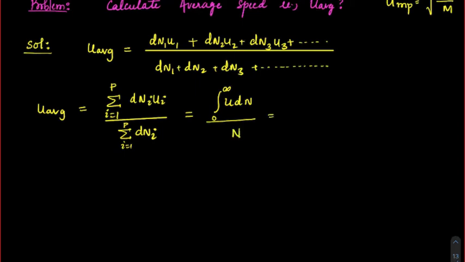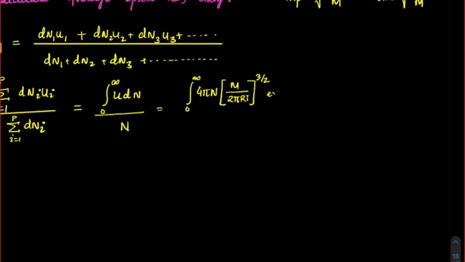So if I put in the value of dn, dn is 4 pi N into (m by 2 pi RT) whole raised to the power of 3 by 2 into exponential of minus mu square by 2RT, into u square.